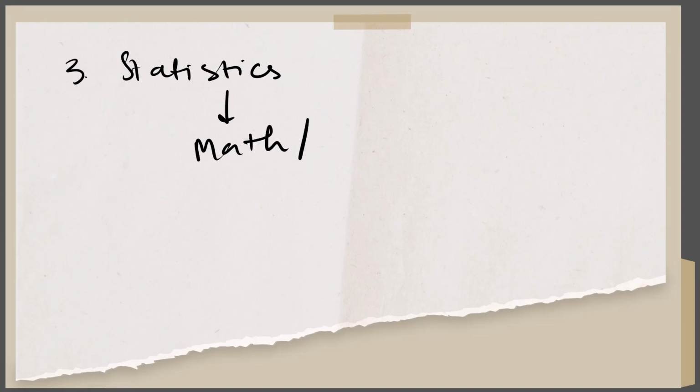The third one is statistics. Statistics is basically the backbone of forensic science. It is a tool to understand both probability and significance. It is the math and methods we use to calculate probability and to assess the significance. For example, calculating the chance that two DNA samples match.